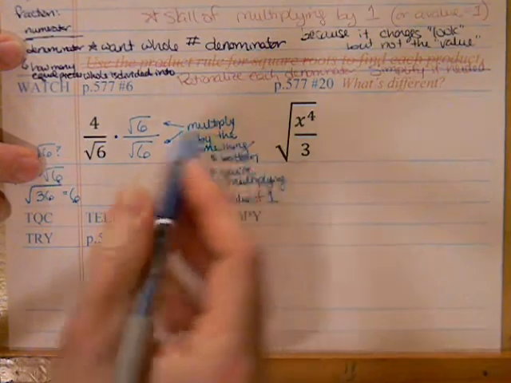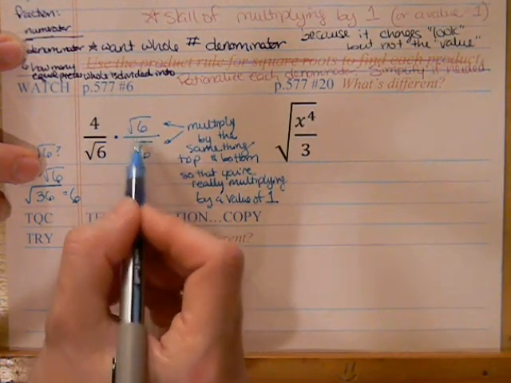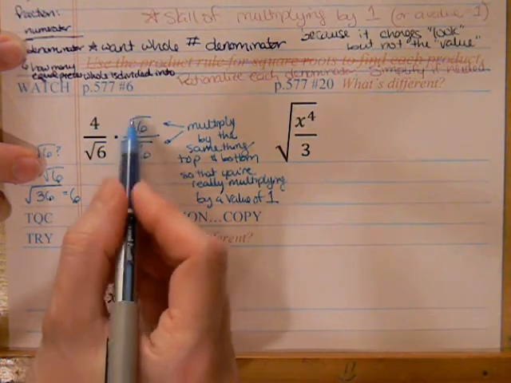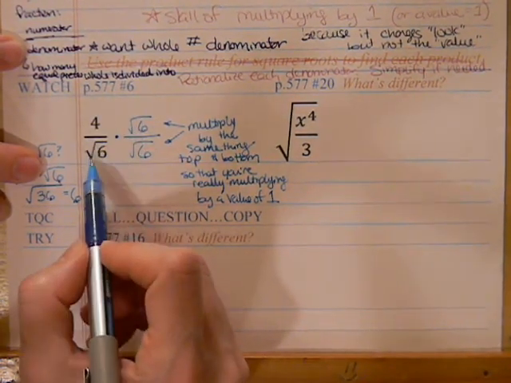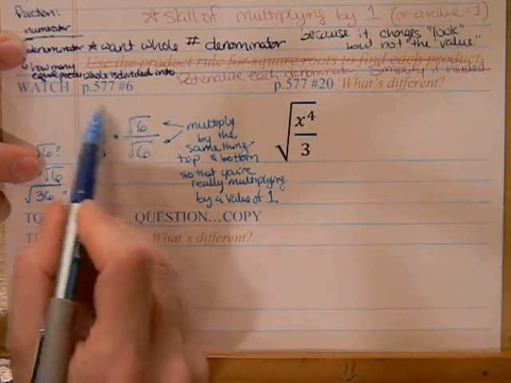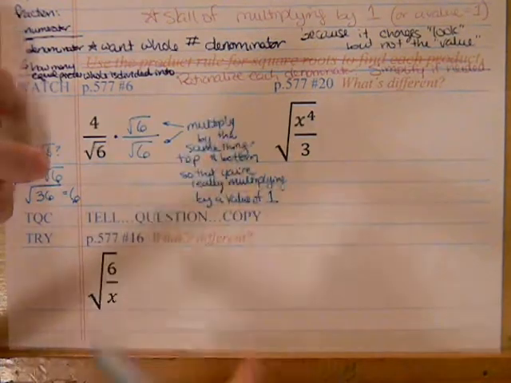When you have something that's the same top and bottom, it's really just like multiplying by 1. So it doesn't change the value of the 4 over radical 6. This has the exact same value as it did before we tried to rationalize the denominator.